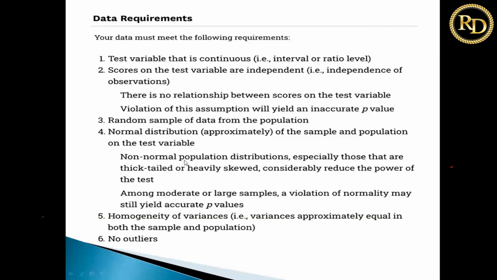The fourth assumption is that the parent population is normally distributed. That is, the sample and population are approximately normally distributed on the test variable. Non-normal population distributions, especially those that are thick-tailed or heavy-tailed, that is skewed distributions, considerably reduce the power of the test.